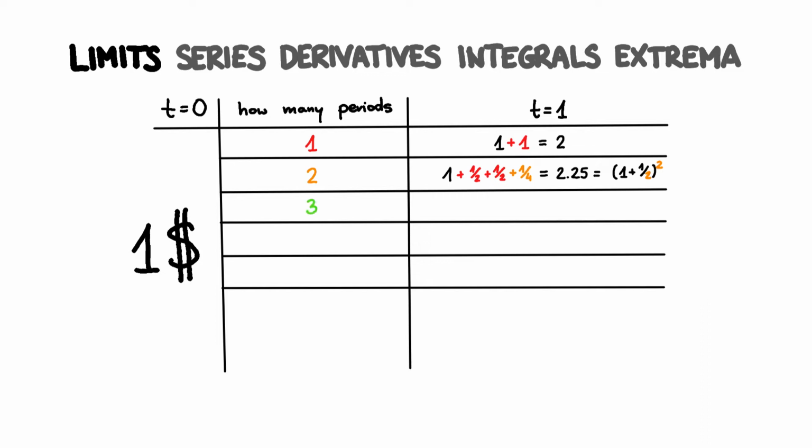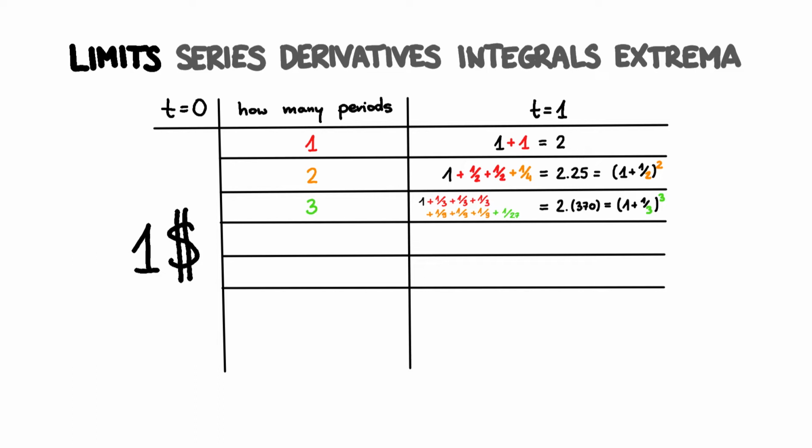In case of 3 compounding periods, lasting 4 months each, the situation looks similar. And the final result is this or this. What we are dealing with here is called the compound interest formula.